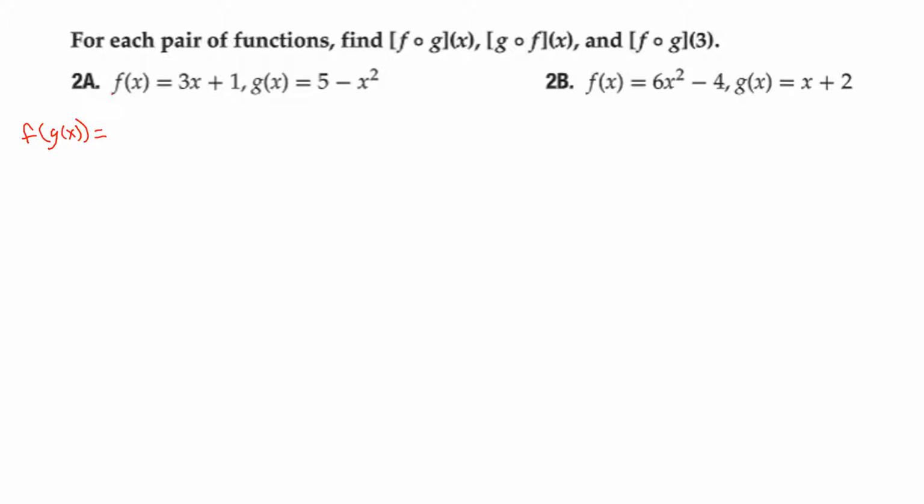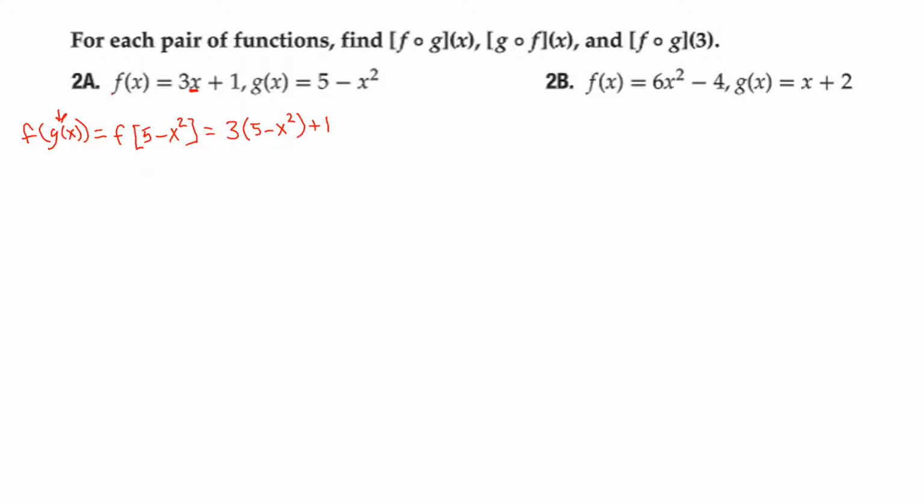That's going to be f, and then this x is like a box. Okay? So whatever I put in here is going to appear in my x function here. So this is 5 minus x squared. So it's 3 times 5 minus x squared plus 1.